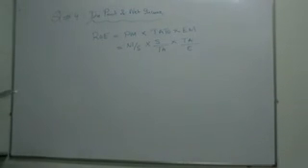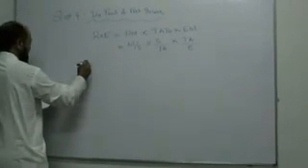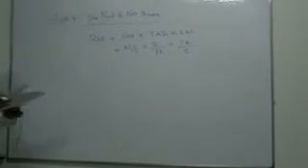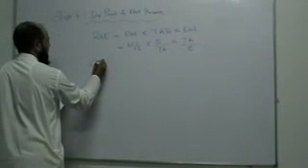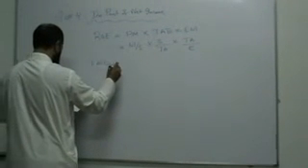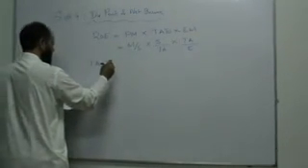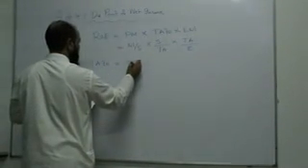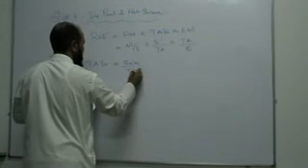What are the total assets? Total asset turnover is given. Total asset turnover is equal to sales divided by total assets.